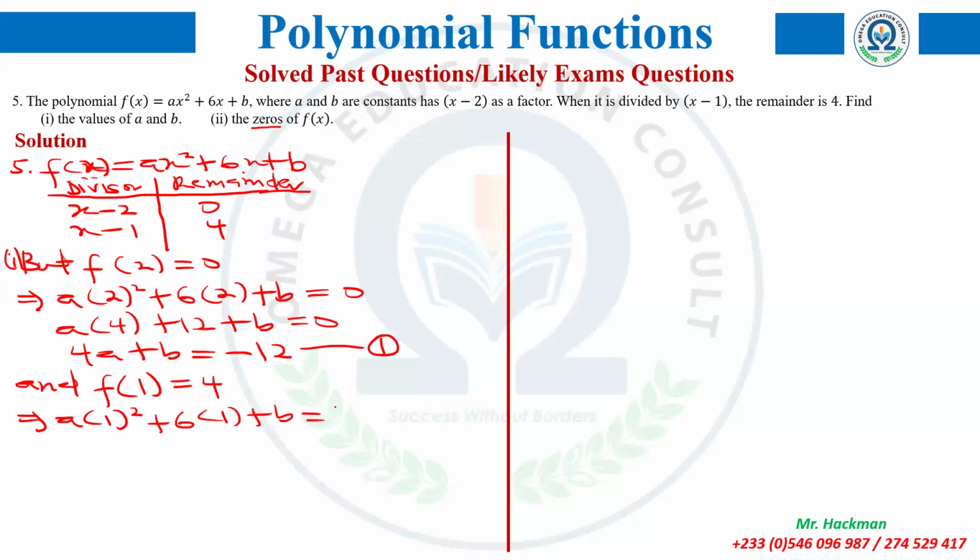And that should give you 4. So what do we do here? We get a into 1, plus 6, plus b is equal to 4. So you end up getting a plus b is equal to 4 minus 6, which is minus 2. Again, no brackets, no fraction, cannot be reduced. So we label this as equation 2. All correct.